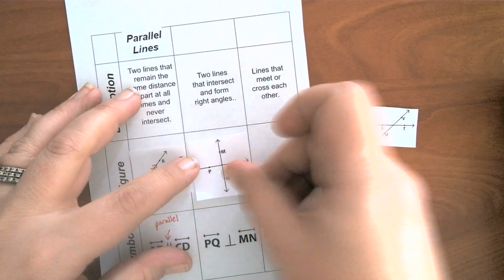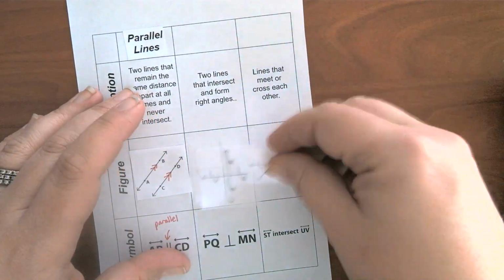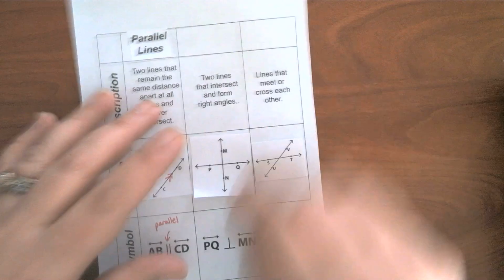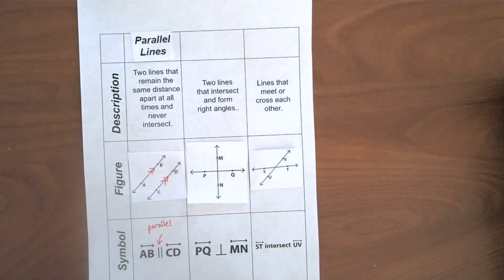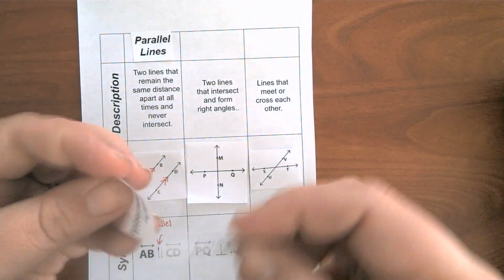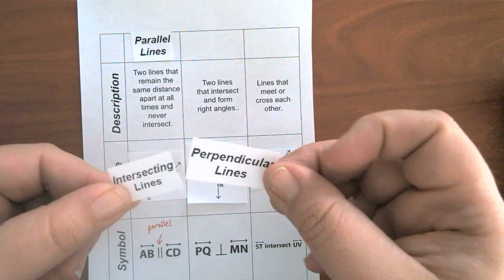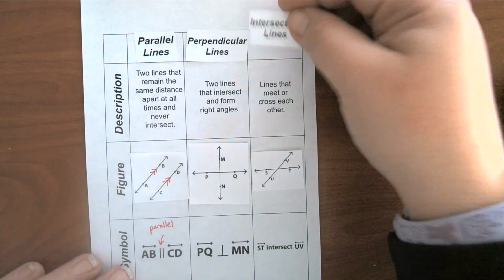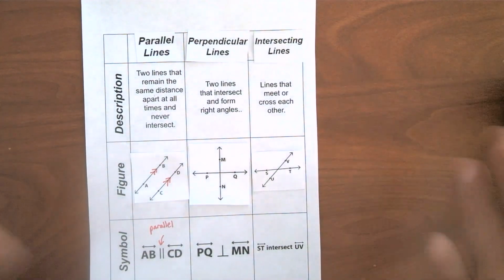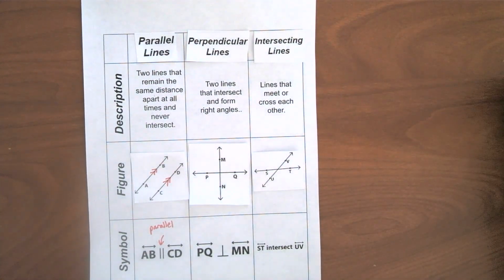So these are going to go here, and then these ones go here. And so what's the difference between these two? These ones cross at a 90-degree angle, and these ones just cross. So the words I have left are intersecting and perpendicular. And so perpendicular lines are going to be the ones that cross at 90-degree angles, and intersecting lines just means that they cross, and they don't have to cross at a specific angle. So let's pause and glue those down.